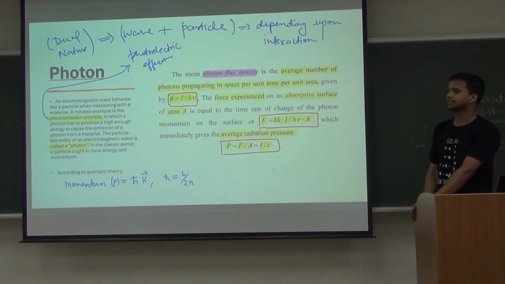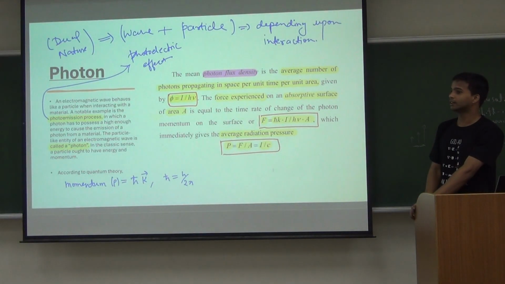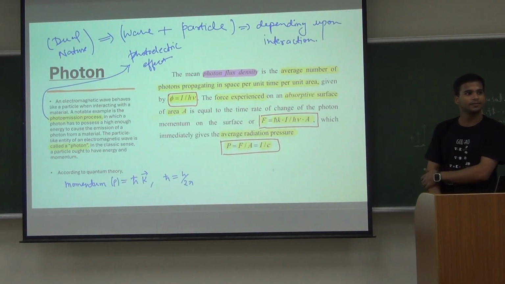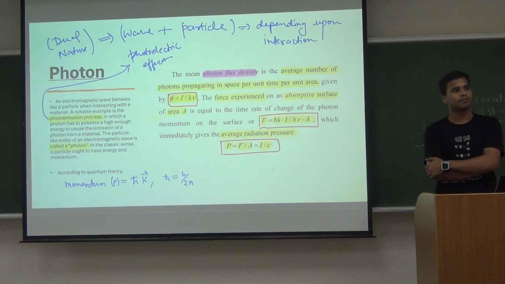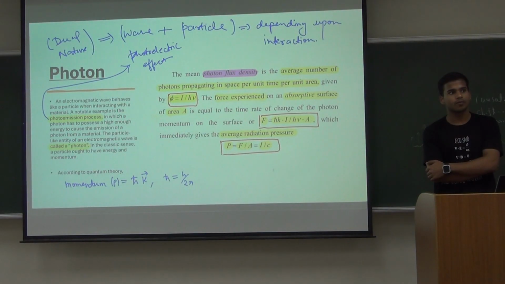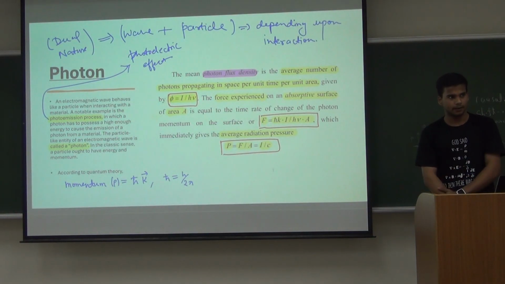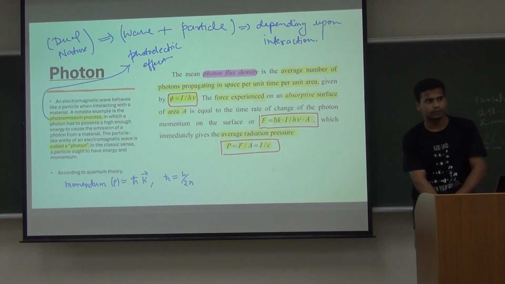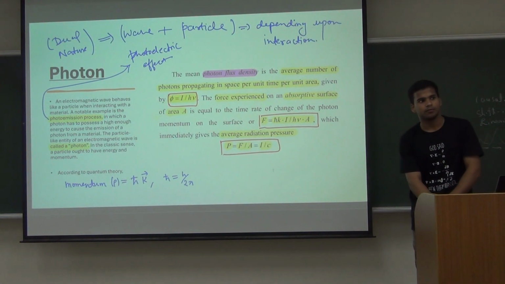Any questions for this? Anything you found interesting? Well, this is a little bit abstract because most of the time, especially when we talk about electromagnetic waves, we view light as a wave. But then when electromagnetic radiation interacts with materials, it behaves like a particle.